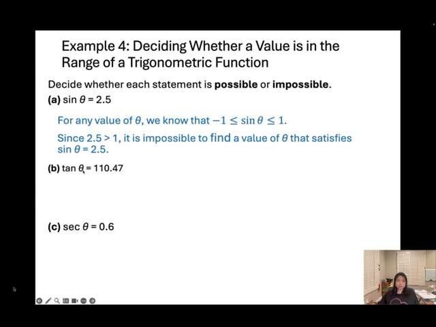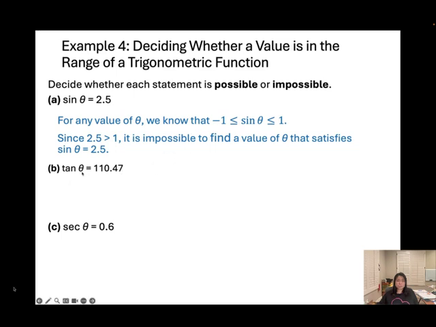Okay, B, tangent theta is going to be 110.47. Look at the table, and I want you guys to try to do B and C by yourself. Okay, check your work. Tangent theta equal to 110.47.